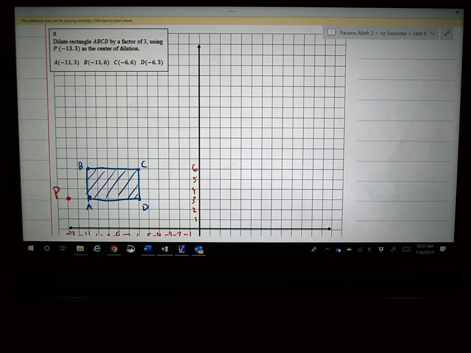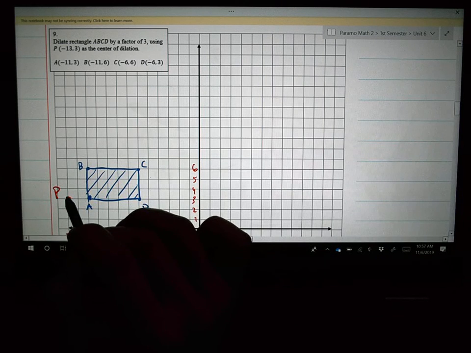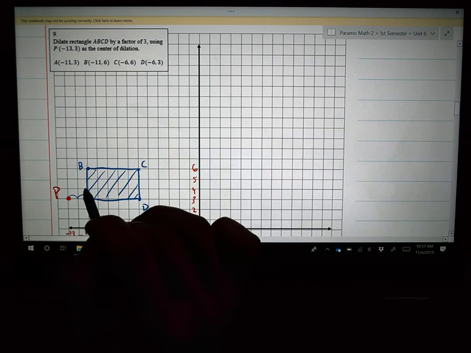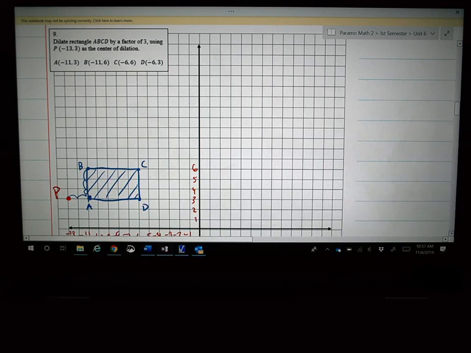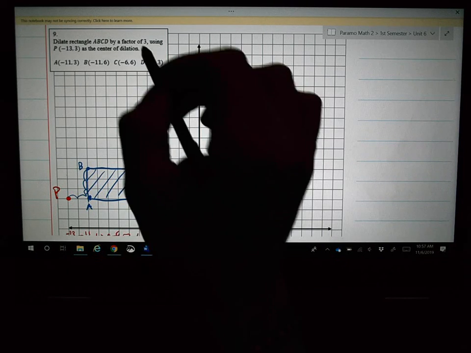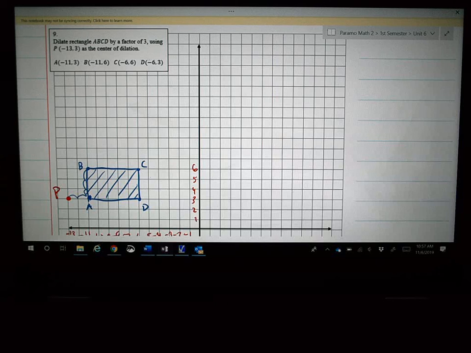So if I want to know, using a scale factor of 3, where B prime is, the way that I do this, I check horizontally and vertically. Horizontally, I go 1, 2 to the right, up 3. That's a scale factor of 1. If I want a scale factor of 3, I need 2 more of those. Not 3 more, 2 more.